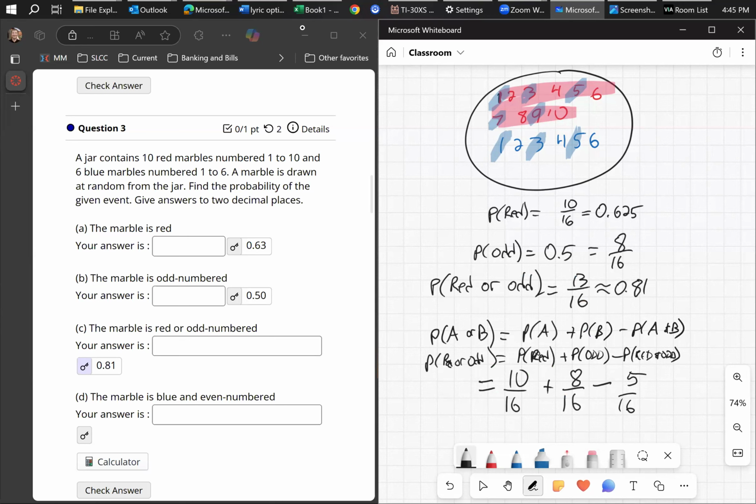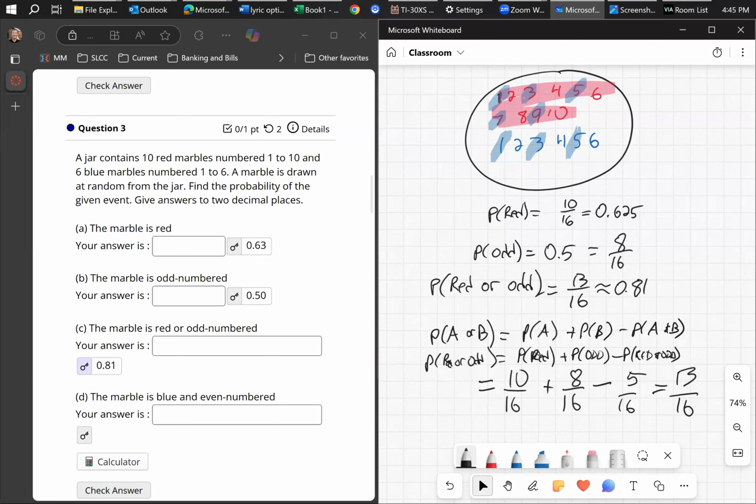That's why we have to subtract that 5/16, because we double counted. Add all that up, we get our 13/16, which is originally what we got. So you have the formula approach, but you also have, if you can see the sample space, just looking at the sample.